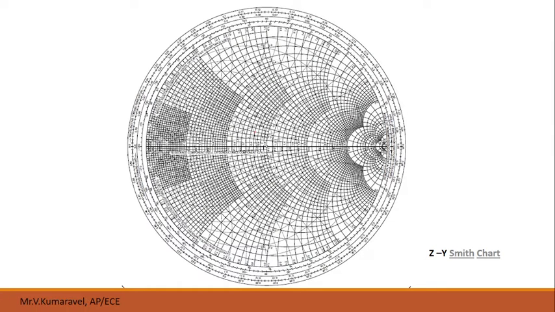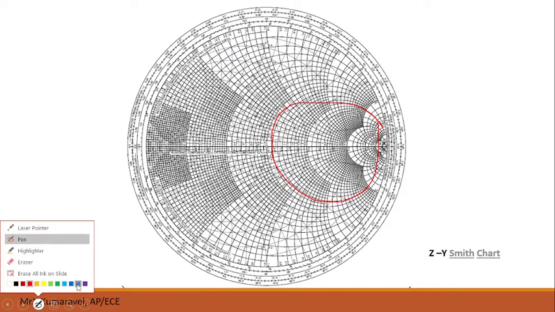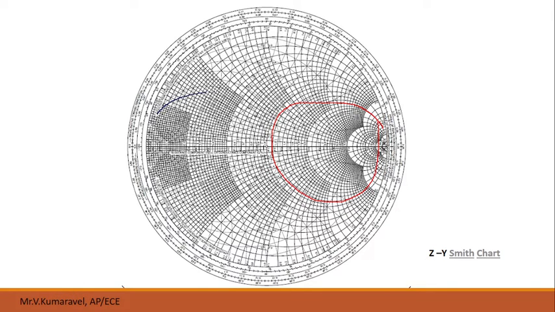In the ZY Smith chart, on this side we have constant resistance circles, and on the other side we have constant conductance circles.